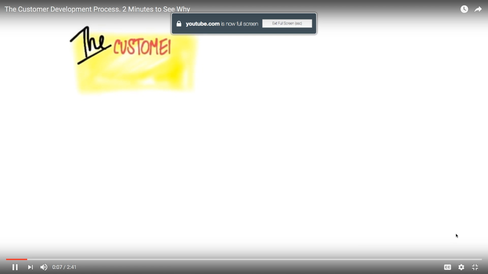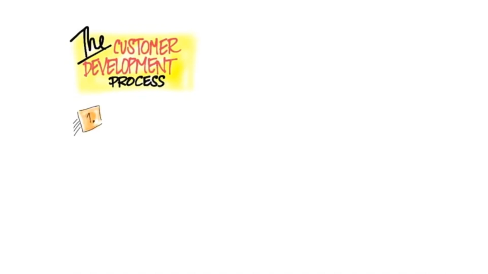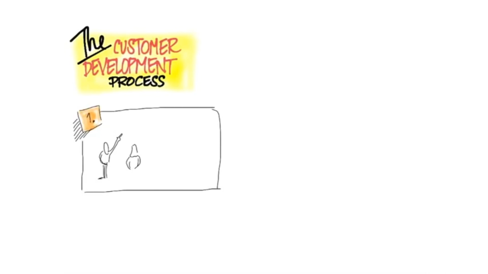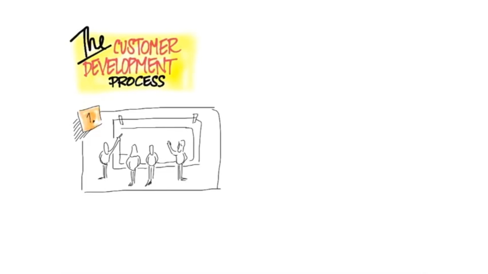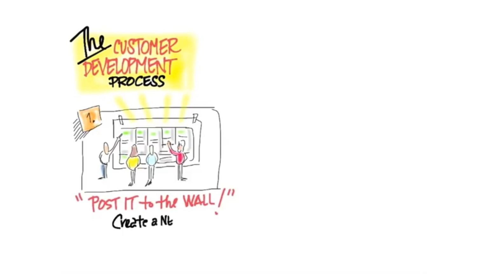One of the really interesting developments about this class is the whole customer development process. You start with your business model canvas hypothesis. In fact, you blow up the canvas and post it to the wall, and you use yellow stickies, no pens or pencils allowed, because you are going to get most of them wrong.